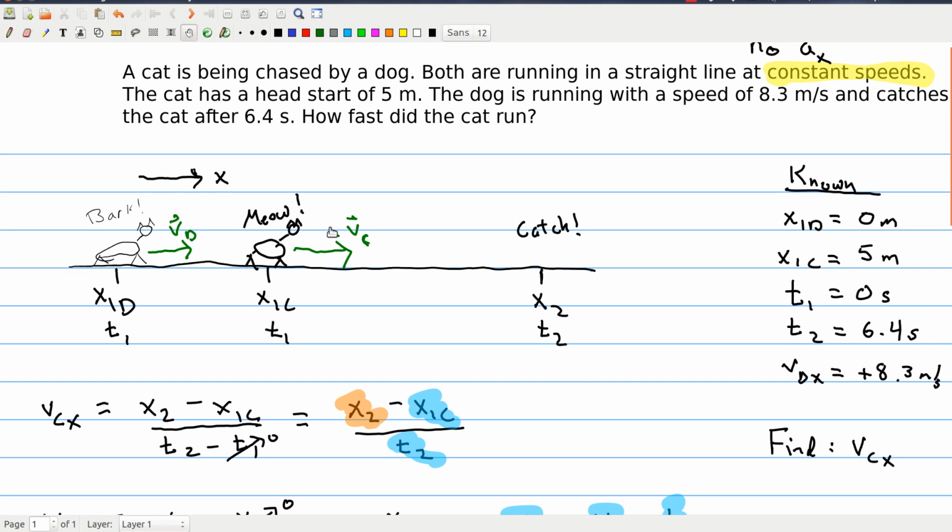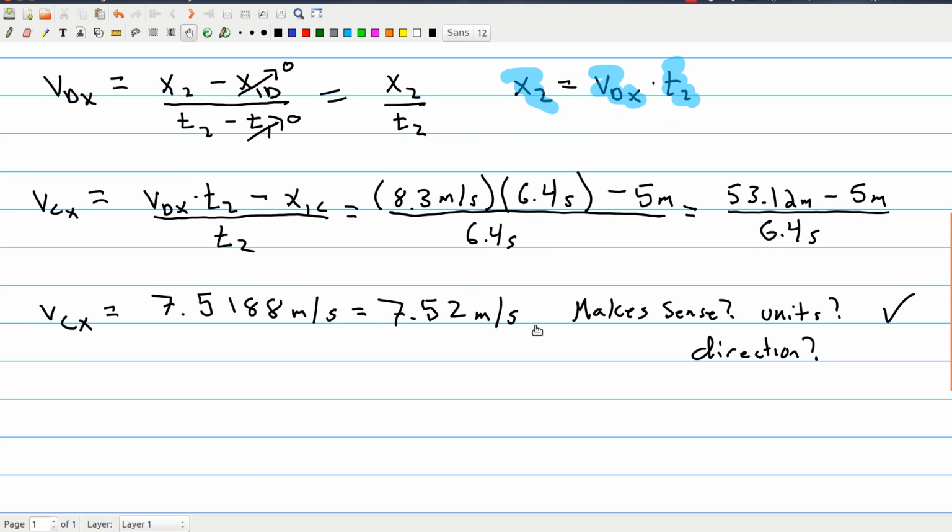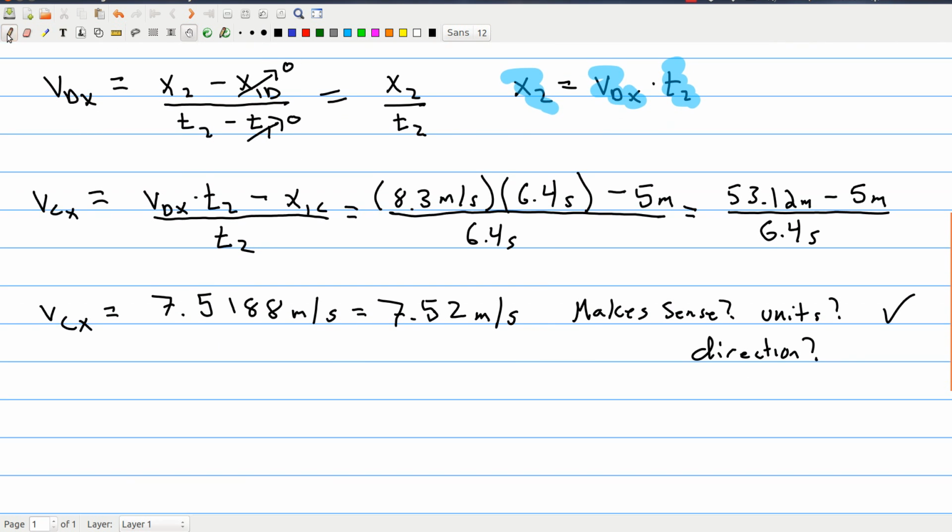The fact that the cat velocity turned out to be positive is also good. So the direction works out. It's positive, so that checks out.